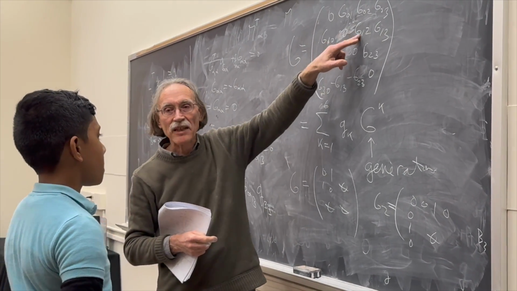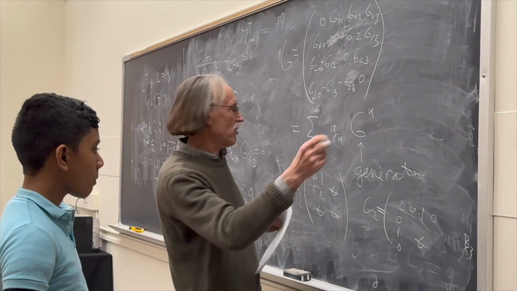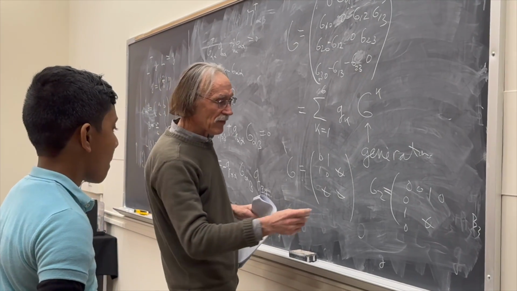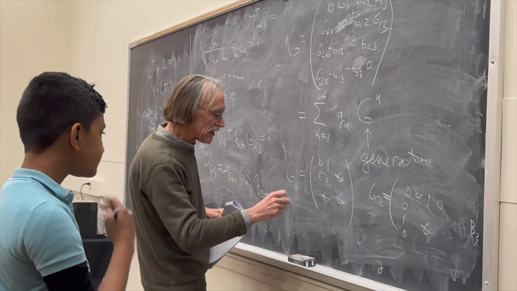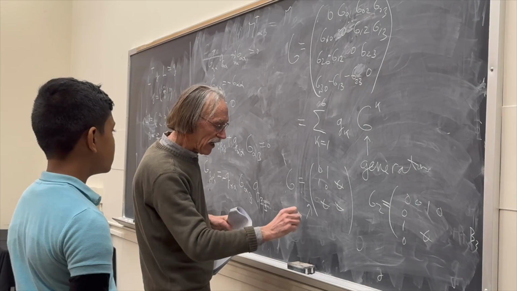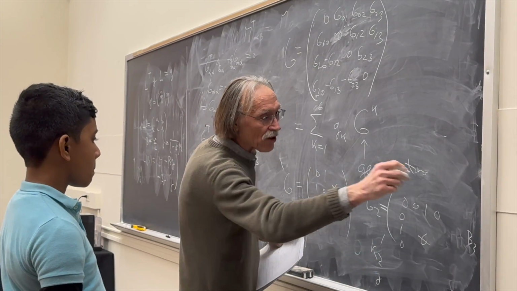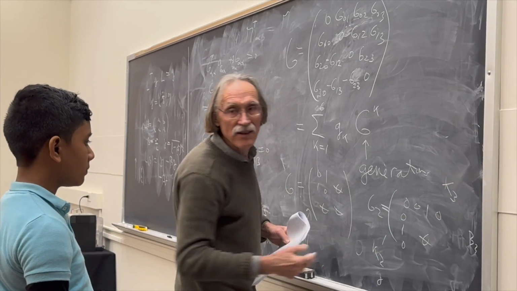And there are generators for these ones. They are anti-symmetric. Typically the names for these are called K: this is K1, this is K2, and the other one is K3.